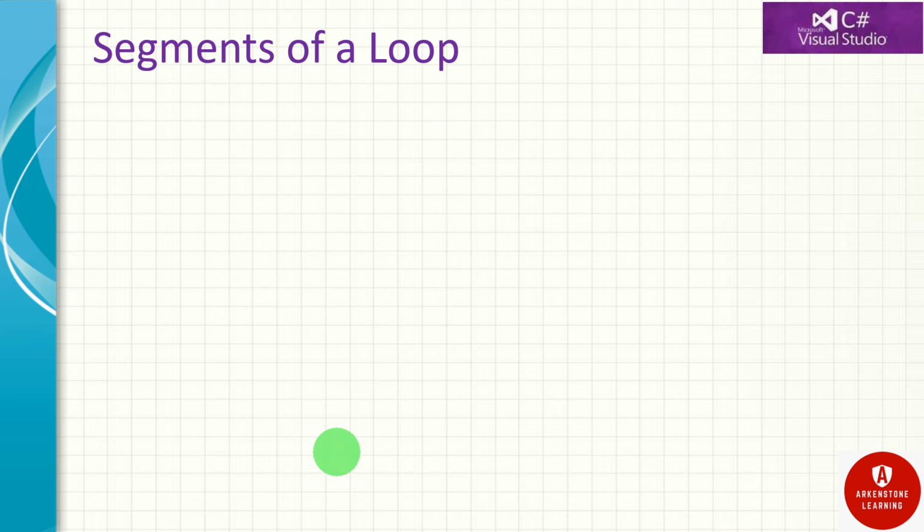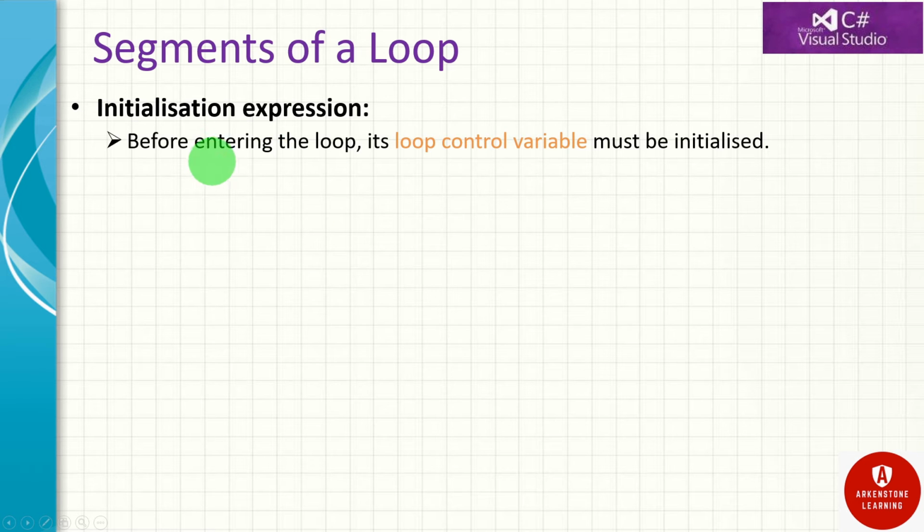There are certain segments of a loop we need to understand. So there are four main areas. First one is initialization expression. Before entering the loop, its loop control variable must be initialized.